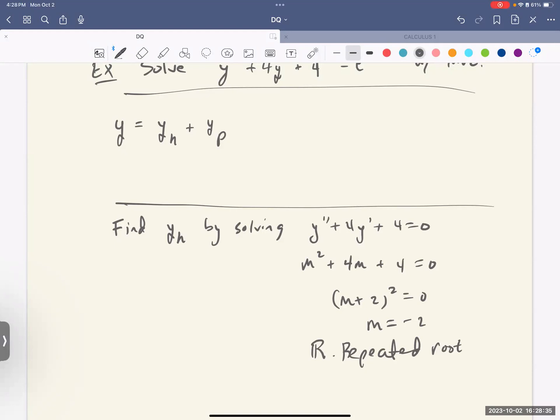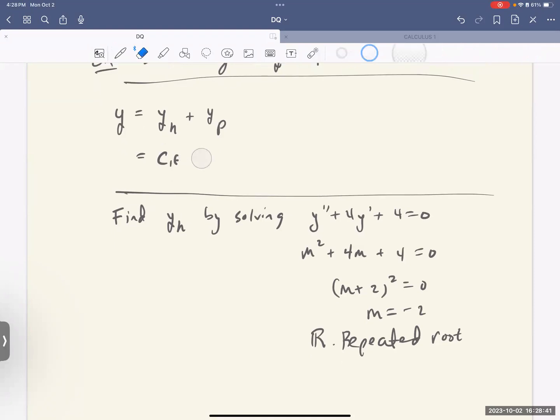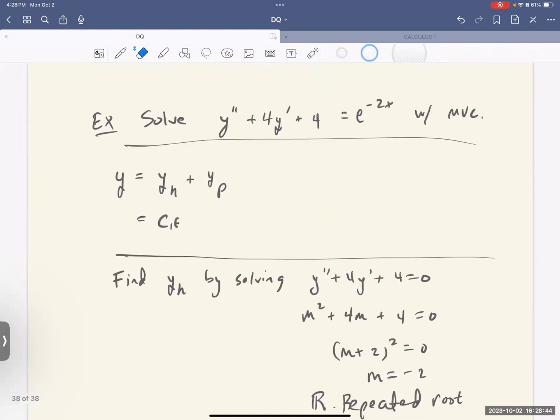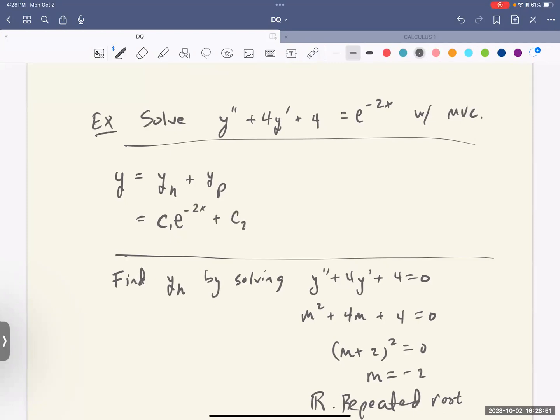So that tells us our y sub h is c1 e to the -2x plus, and we would have a c2, again, e to the -2x, but then these two would be dependent on one another, and you have to make one of them, you might as well pick this one, independent from the other. So let's take the exponential piece, scoot it over, and put in the independent piece.